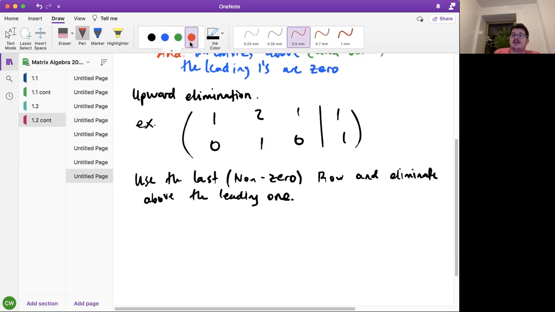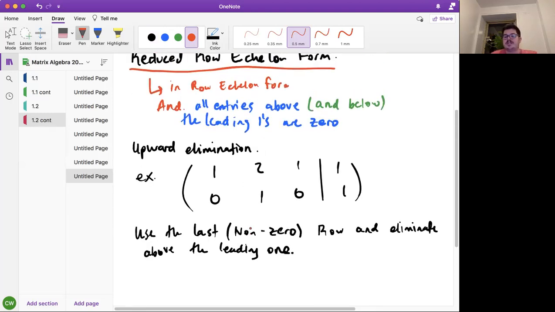So the idea is that if we want this into reduced row echelon form, can someone tell me which entry needs to be 0 based on this definition? Which entry would you want to make 0? Yes, the A12.